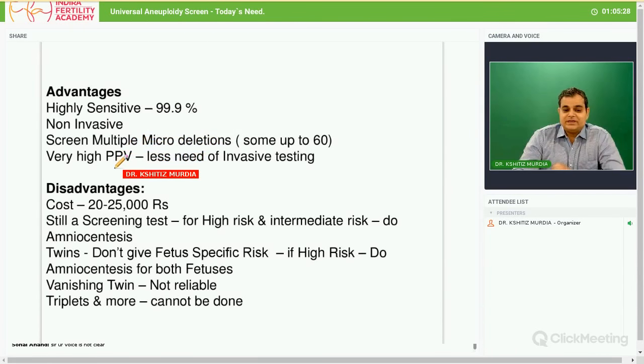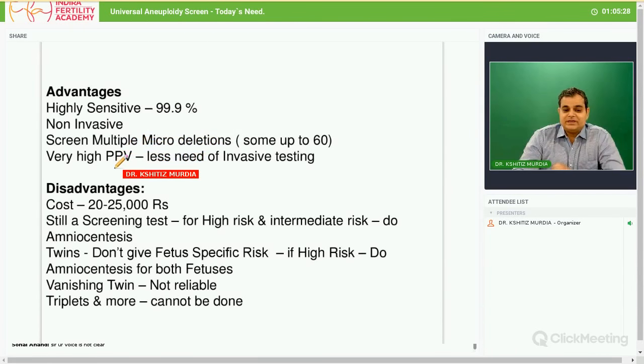The disadvantage associated with NIPT is that it's very costly. A single NIPT may cost around 20 to 25,000, and it may not suit the pocket of the patient.